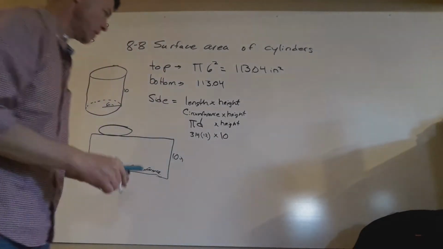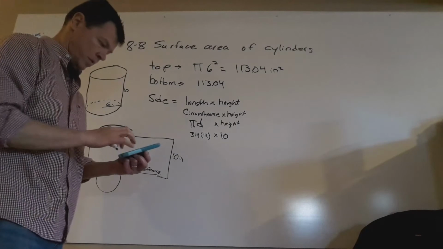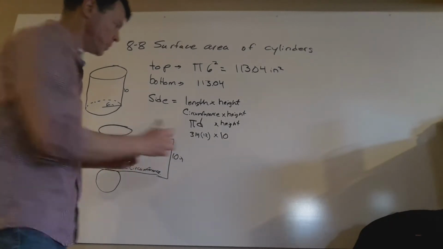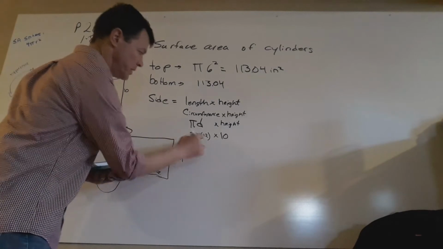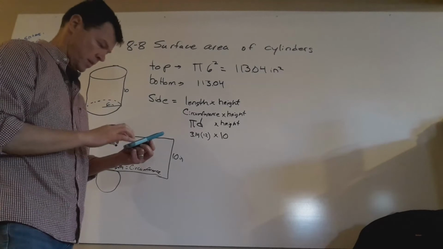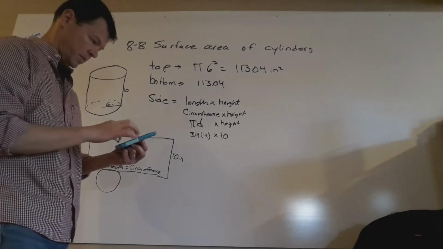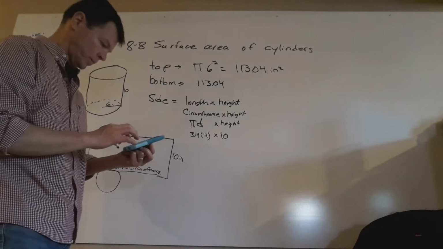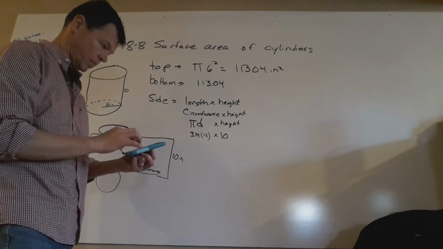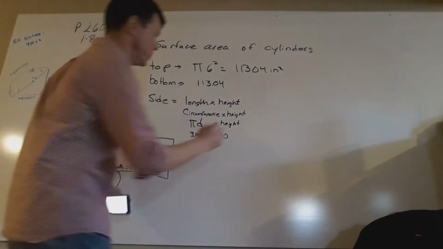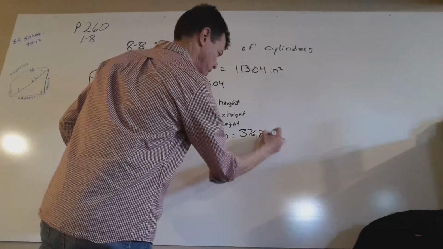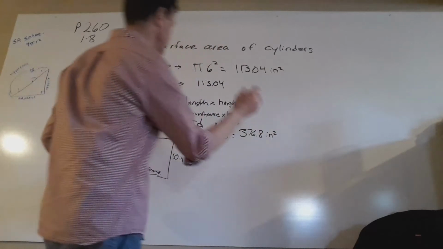Using your calculator, multiply those three numbers together: 3.14 times 12, the diameter, times 10. You have 376.8 square inches.